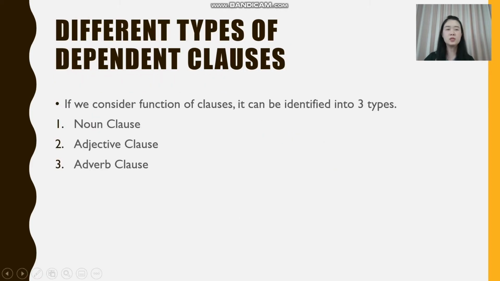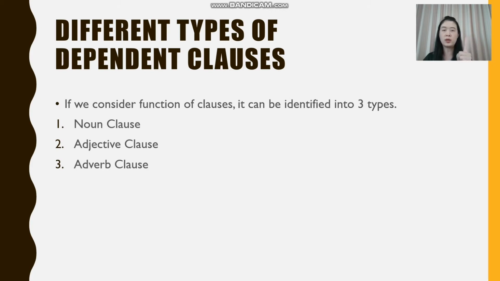Okay. Next, I will explain the different types of dependent clauses. When we're talking about an independent clause, it's equal to a simple sentence, so there are no subtypes for independent. But dependent clauses can be divided into three types.